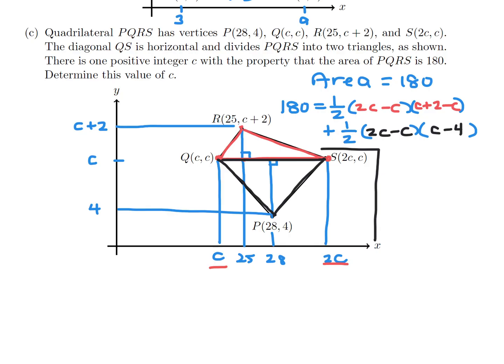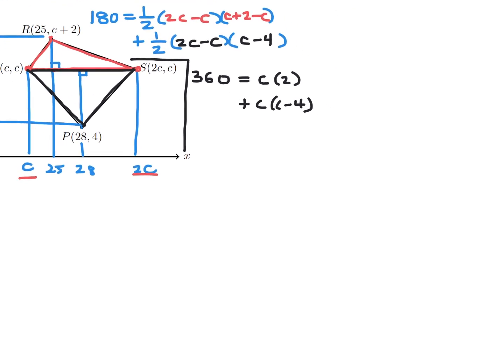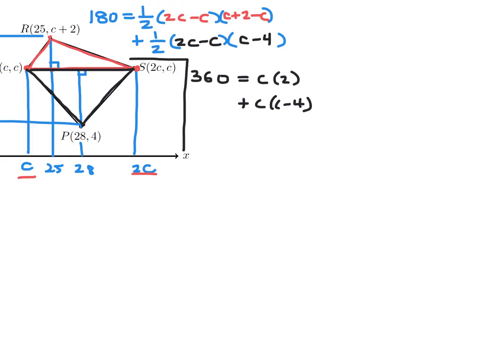So if I multiply through by 2, it'll be 360 is equal to C times 2 plus C times C minus 4. Correct? Yeah, I think that's it. Okay. So that would be 360 is equal to C squared minus 4C plus 2C.